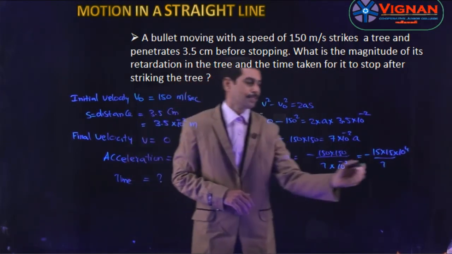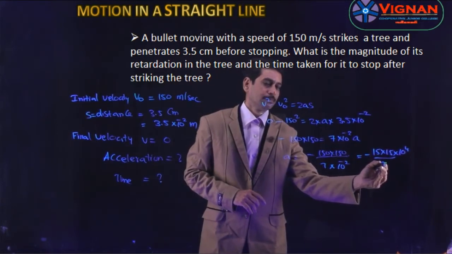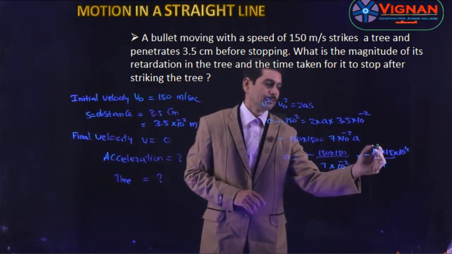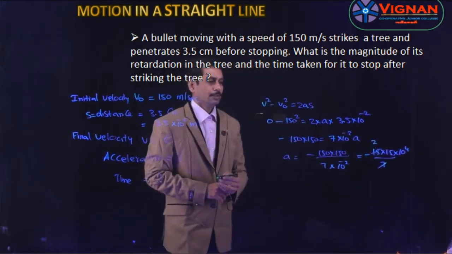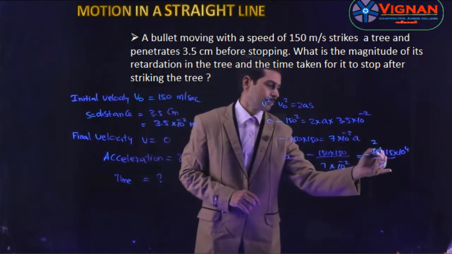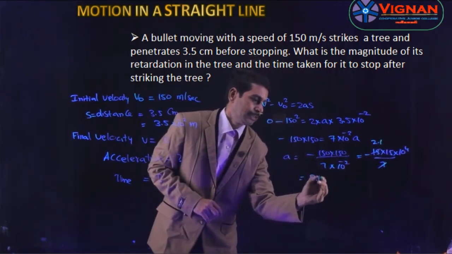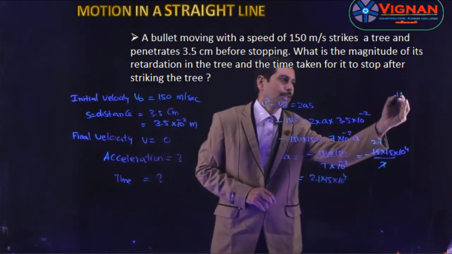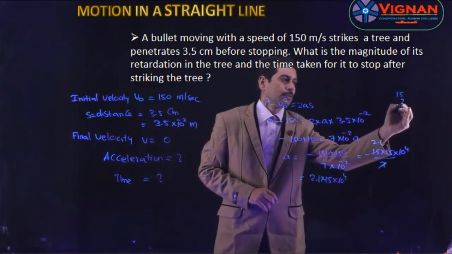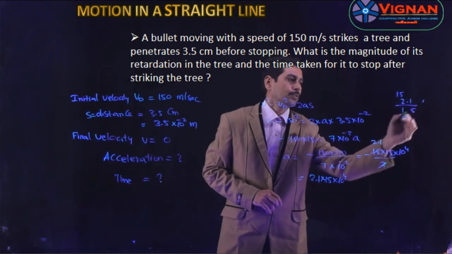By cancelling, 7 into 2 is 14, so you get approximately 2.1. So it is approximately 2.1 into 15 into 10 power 4. So by multiplying 15 with 2.1, you get 1 5 is 1, 5 2 is 10, 1 2 is 1.